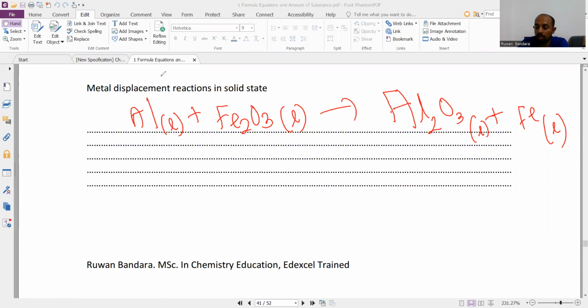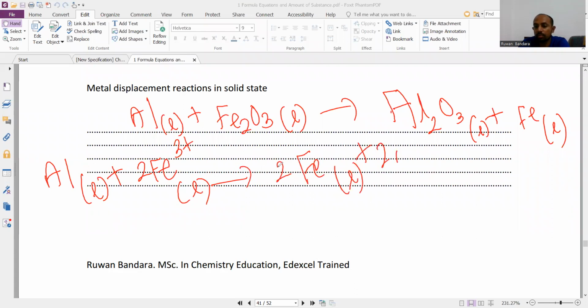Can anyone tell me an answer? Same thing. The ionic equation will be similar.